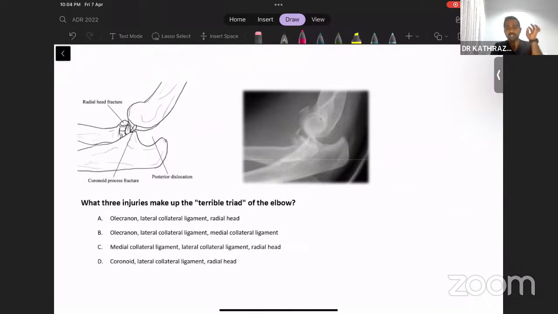Now, since I used the word unstable elbow in the previous topic, I'm asking this question. What 3 injuries make up the terrible triad of the elbow? Do you remember, while taking class, I used this topic? The terrible triad of the elbow is also called the terrible triad of Hotchkiss.